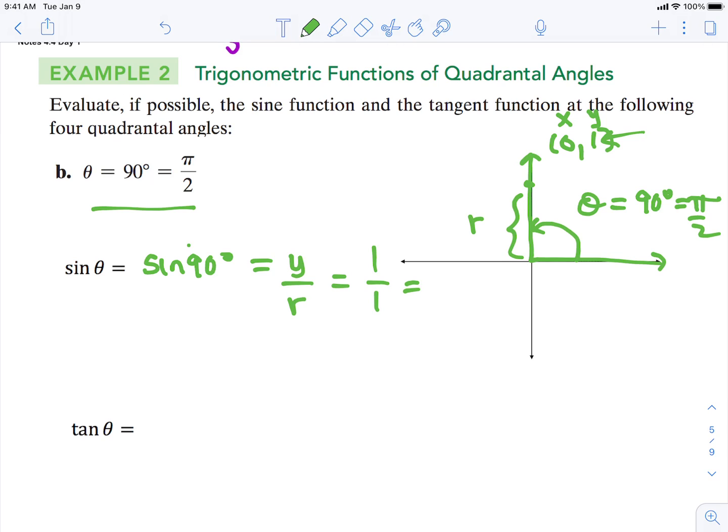So 1 over 1 is 1. The tangent of 90 degrees, so the tangent is y over x. So the y is 1 and the x is 0, which makes that undefined.